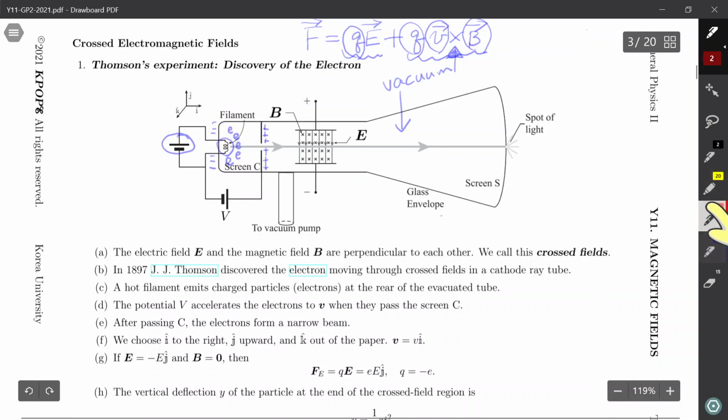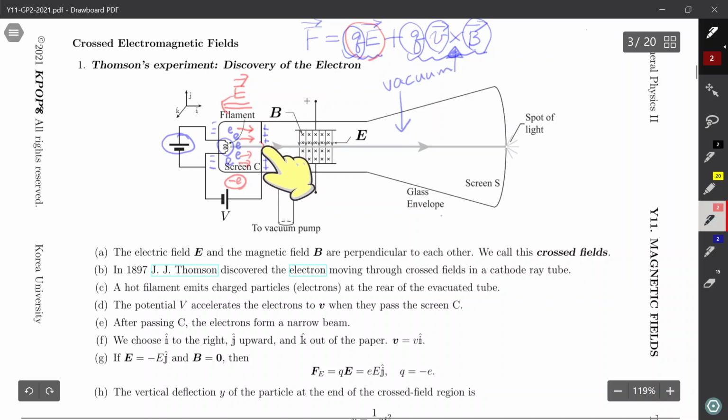Then the electric field accelerates the electrons because the electric field is in this direction, and QE, because the charge of an electron is minus E, electrons are accelerated.